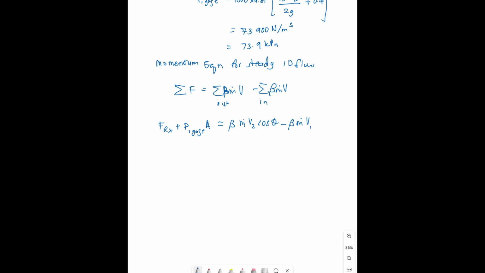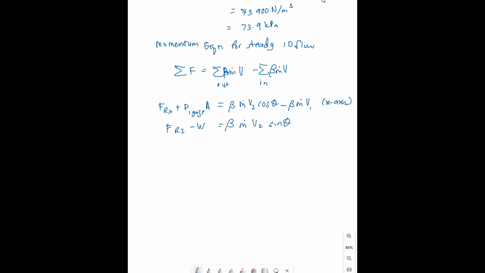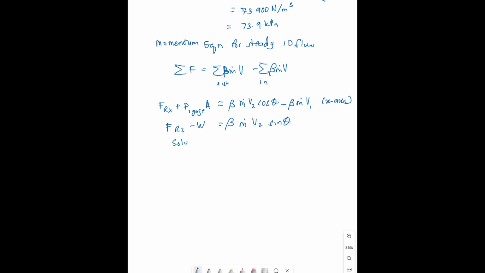That was in the x-axis. In the z-axis we have Frz minus W equals beta m dot V2 sin theta. Now we solve for Frx and Frz.